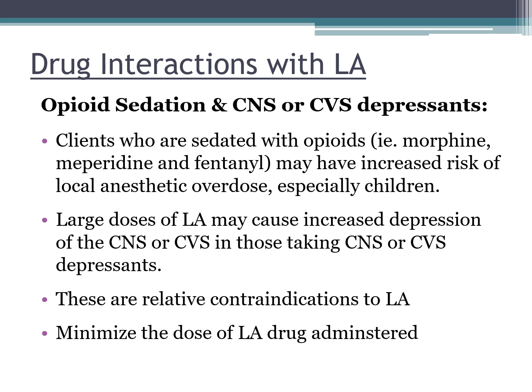So large doses of local anesthetics may cause increased depression of the central nervous system or the cardiovascular system in those taking central nervous system or cardiovascular depressants. So these are relative contraindications to local anesthetic. Minimize the dose of local anesthetics administered to these patients.